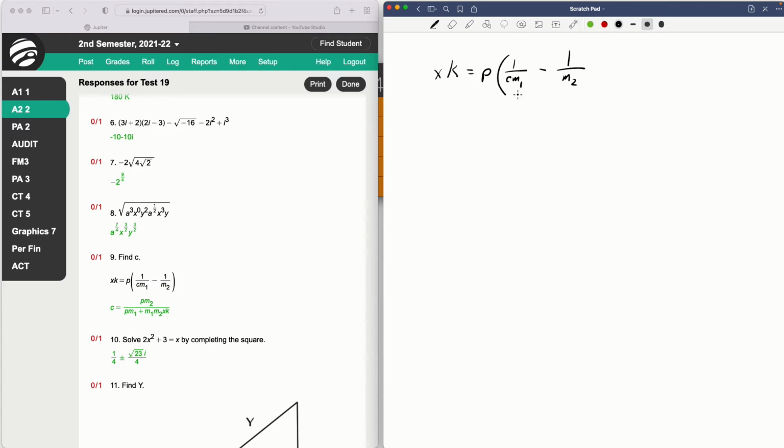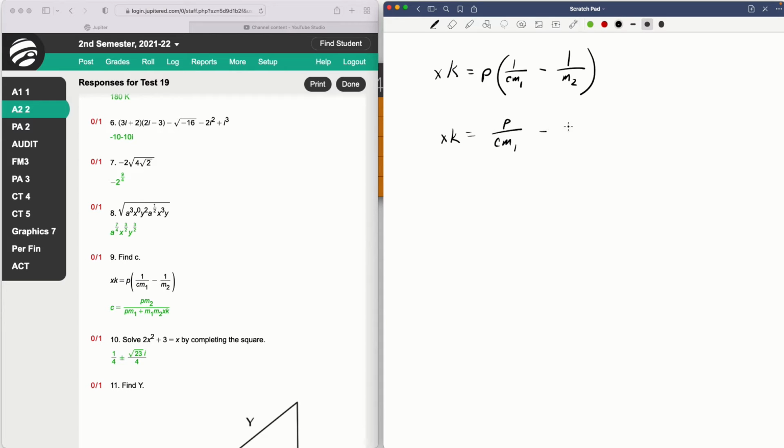These are two different types of m. They're subscripted variables that represent either a different point in time or just something different. So what we're going to do is multiply first, get rid of this distribution. So xk is equal to p over cm1 minus p over m2.